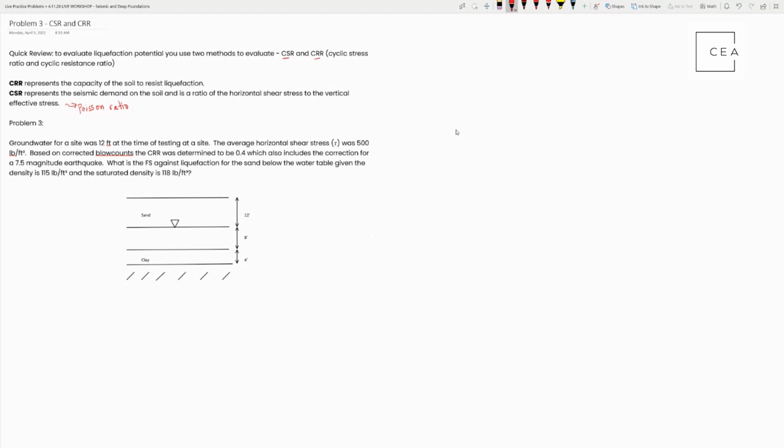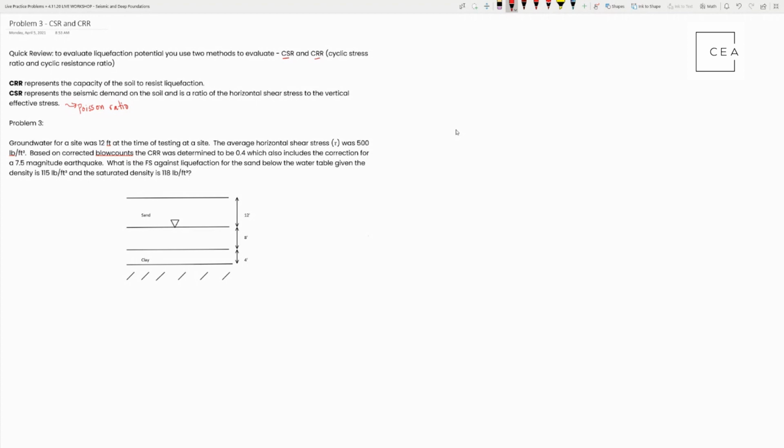So problem number 3. Groundwater for a site was 12 feet at the time of the testing. The average horizontal shear stress was 500 pounds per square foot. Based on corrected blow counts, the CRR was determined to be 0.4, which also includes the correction for a 7.5 magnitude earthquake, which is a severe earthquake, right?